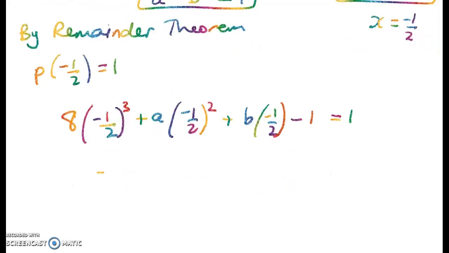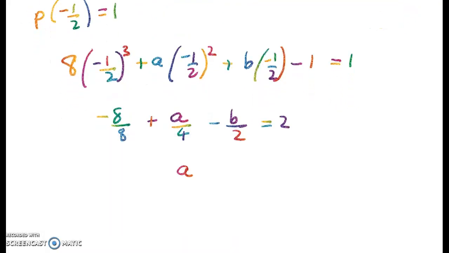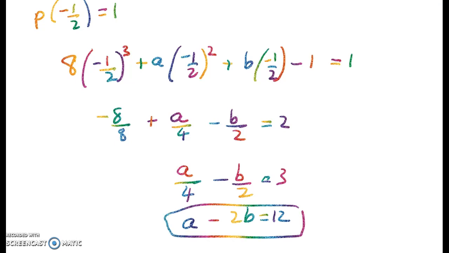Now, cleaning that up, I get negative 8 over 8 plus a over 4 minus b over 2 equals 2. A little bit more work. Whoops, don't know what happened there. There's a over 4 minus b over 2 is equal to 3. Timesing everything through by 4 gives me a minus 2b equals 12.